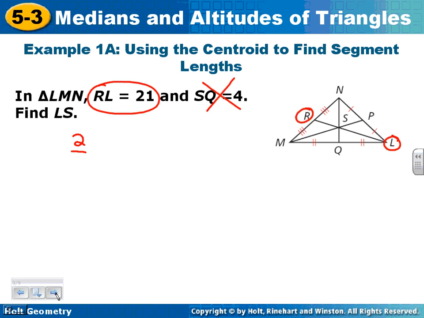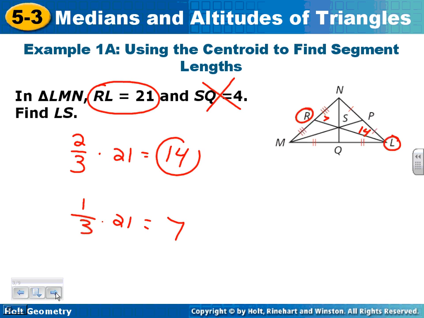So what's 2/3 times 21? Well, I know that 1/3 of 21, that's the same thing as 21 divided by 3. That's 7. So 2/3 has to be 14. So from L to S is 14. From S to R would be 7. So my answer is the 14.